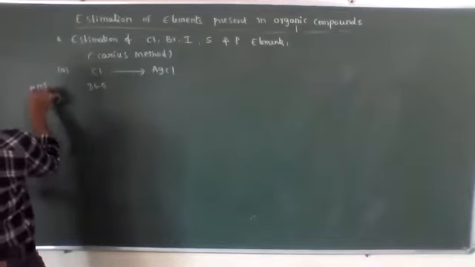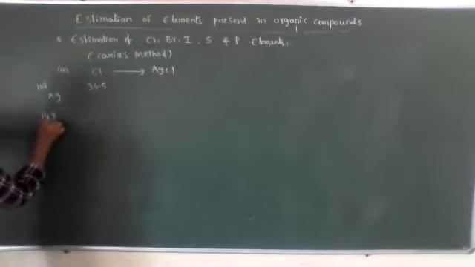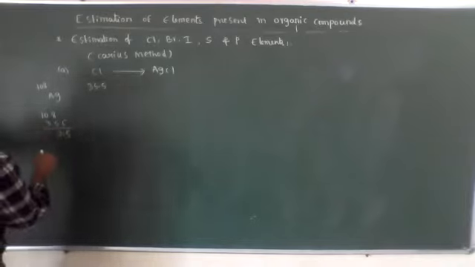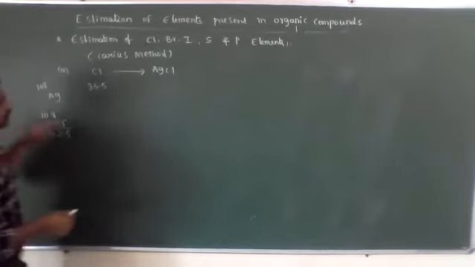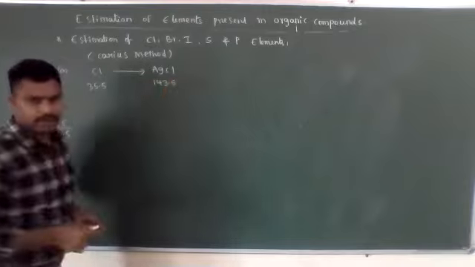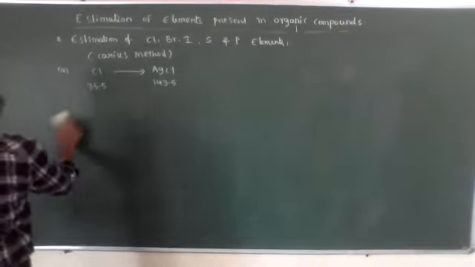Gram atomic weight is 108. So the gram molecular weight of silver chloride is 143.5. Now, how much percentage of chlorine is present?